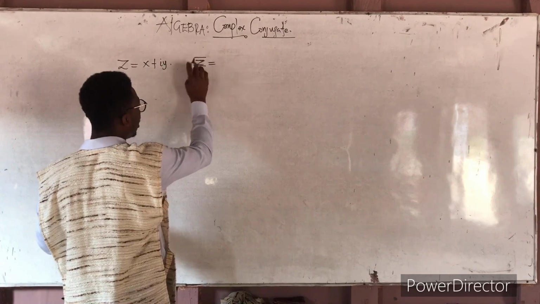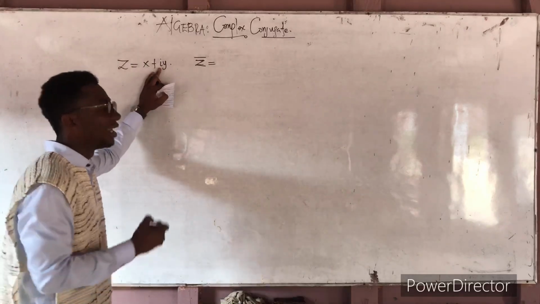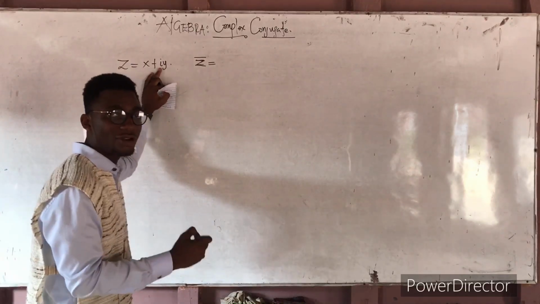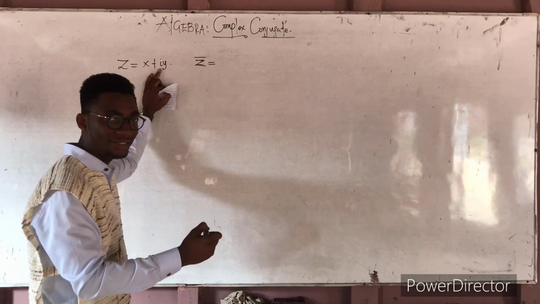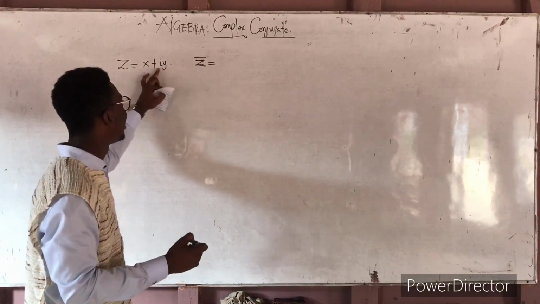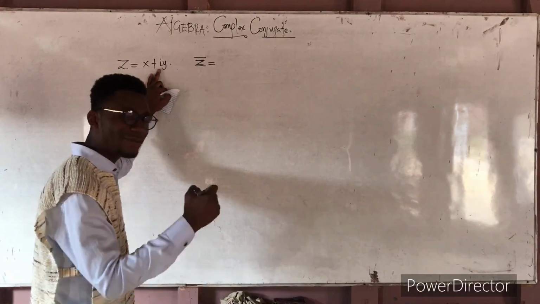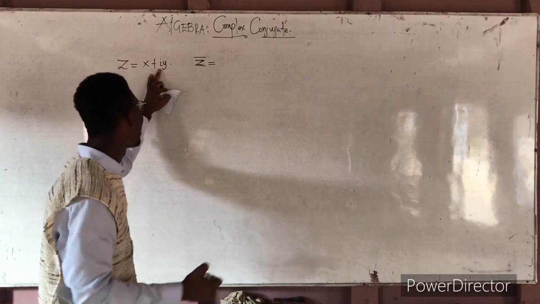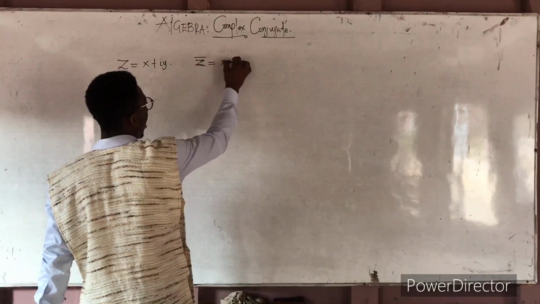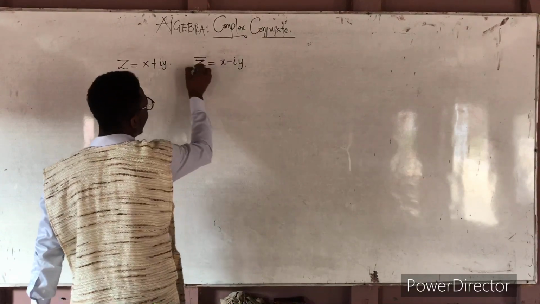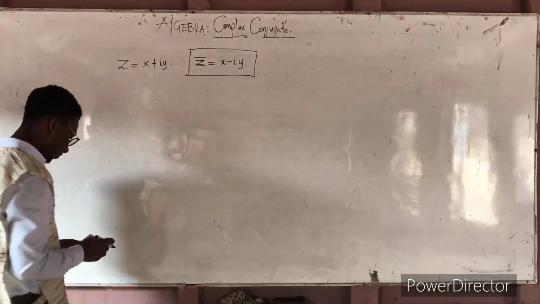It is simply negating the imaginary part of the complex number. So in this case, it becomes x minus iy. This is the complex conjugate of z.